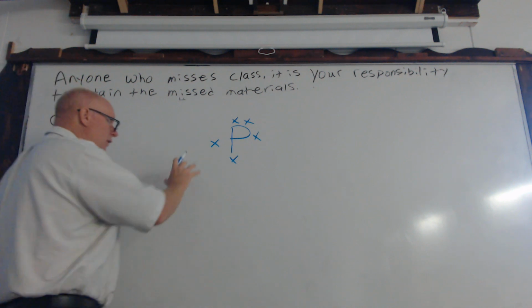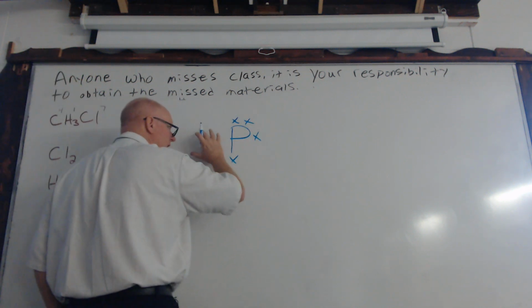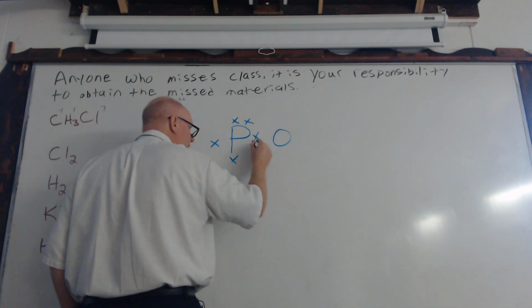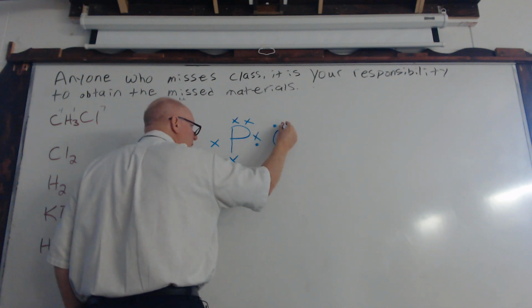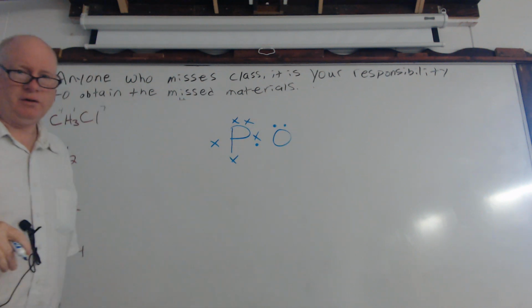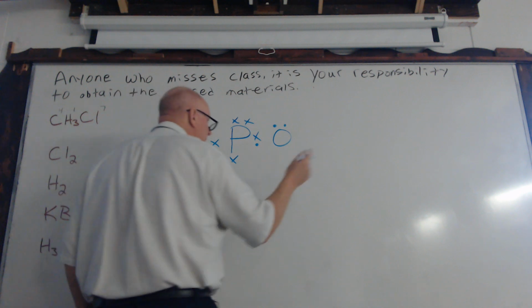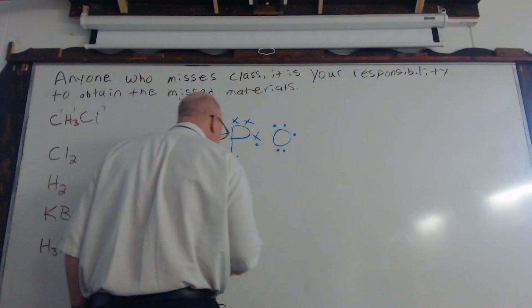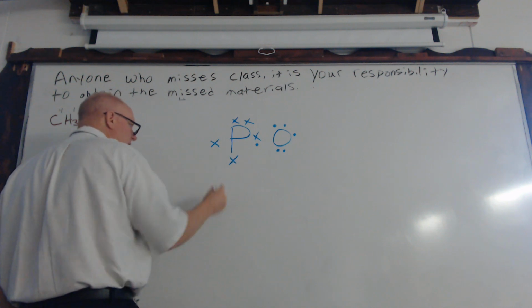Then everywhere that there's an X, we want to create a bond. Then think about where oxygen is located. Of course, that's column 6. So we got 3, 4, 5, and 6. That takes care of one oxygen.